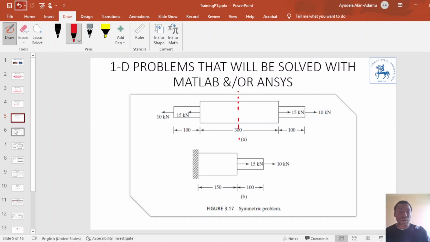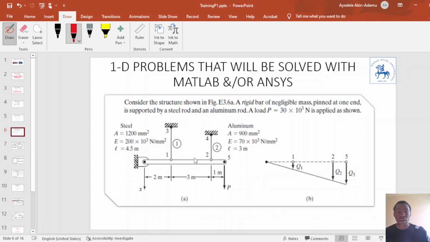The last problem that will be solved in my lesson is the problem shown in the slide. This problem will be solved using MATLAB, using a concept called the multi-point constraint model.